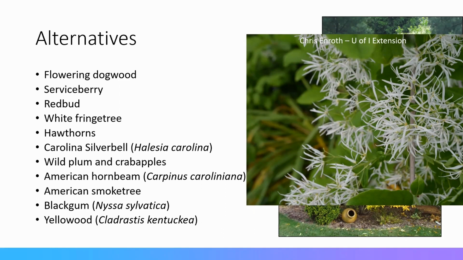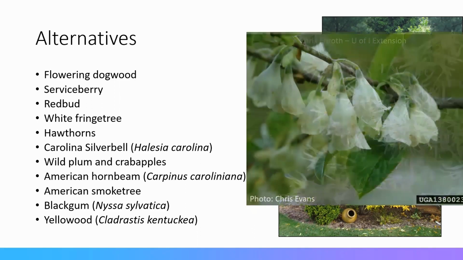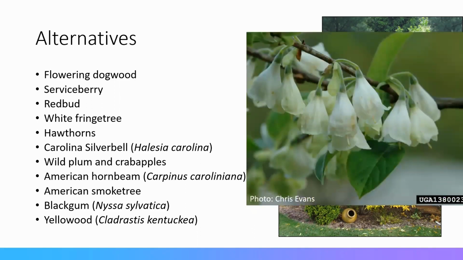Flowering dogwood, an old landscape mainstay and still a recommended tree. Serviceberry, redbud, some of our hawthorns also. Carolina silverbell, pictured right here, with these delicate little bell-like flowers drooping down like this.